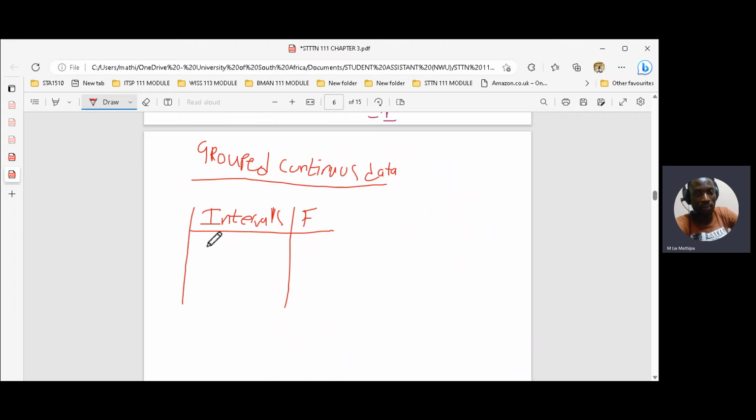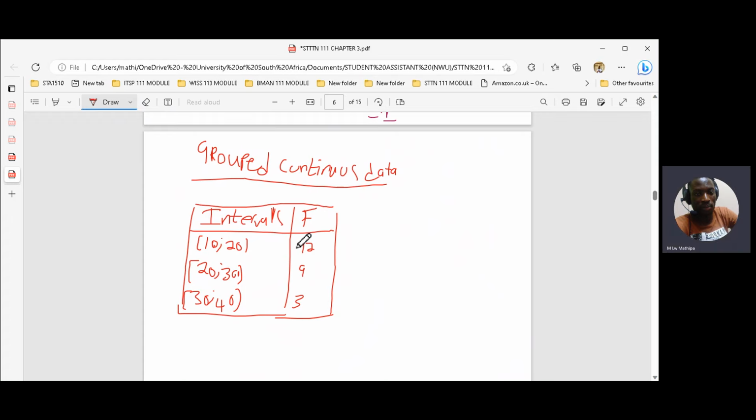Let's say we have 10 to 20, then 20 to 30, and then 30 to 40. And then the frequencies: let's say you have 12, then 9, and then 3. Let's say we have something like this.